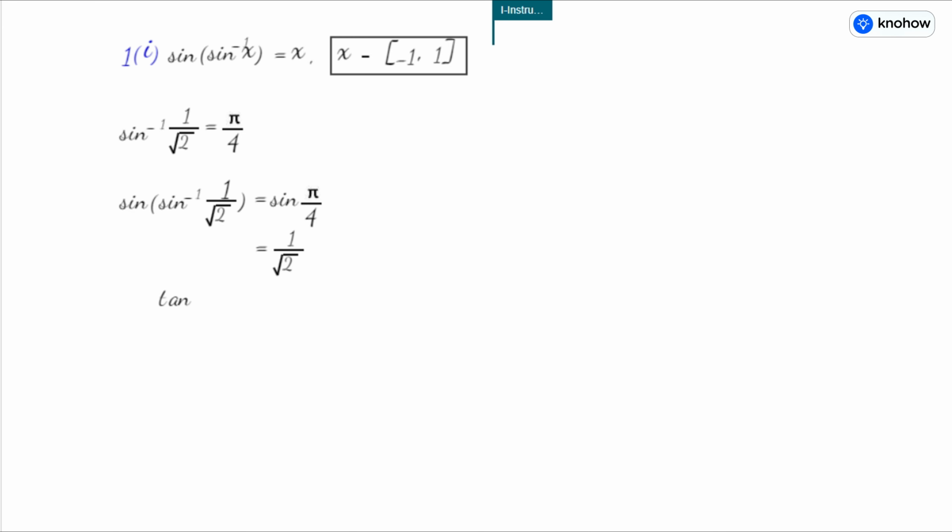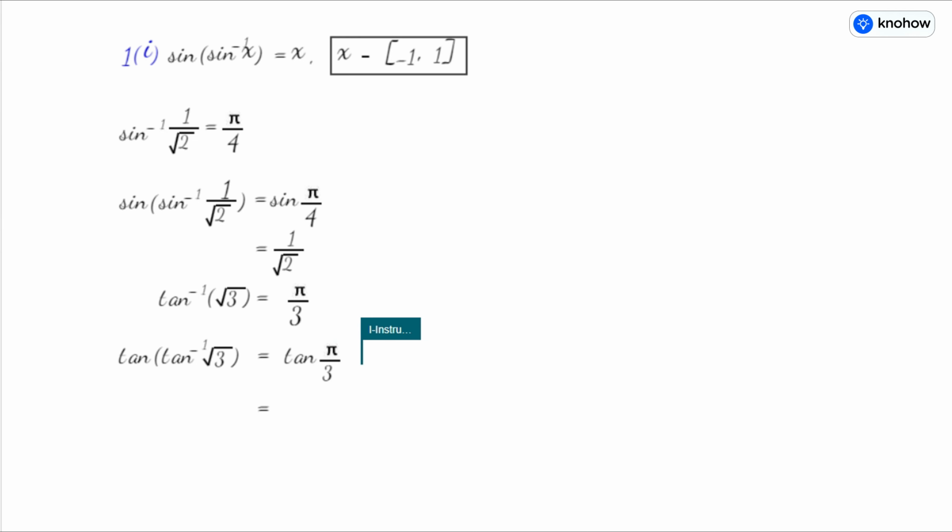Let me take one more example. Tan inverse of root 3. What is the value of tan inverse root 3? 60 degrees or pi by 3? Now let's take tan of tan inverse root 3. It will be tan of pi by 3. And what is the value of tan pi by 3, or tan 60 degrees?